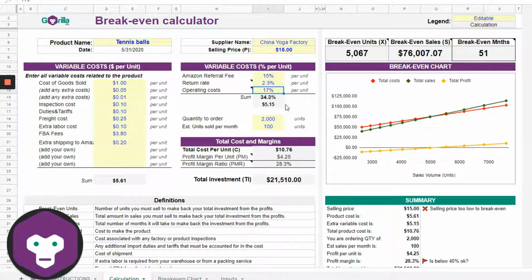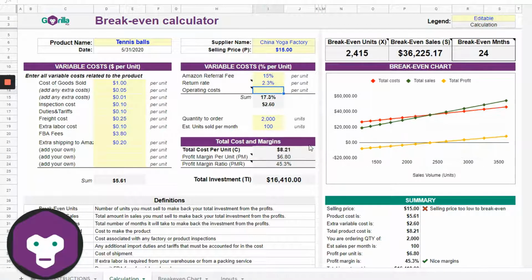So if I do 17%, then my operating profit is going to be 28.3%, and that's actually very good. But for the purpose of this, I'm trying to figure out the break even based on just the product alone. So my profit margin, gross profit, I'm going to change it back to 45.3.